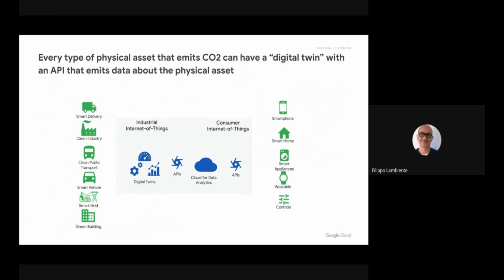information that adds real value for a particular sector, a particular vertical.